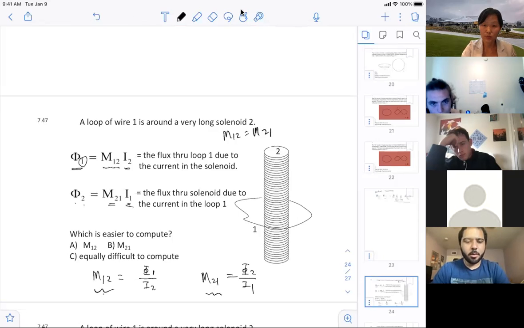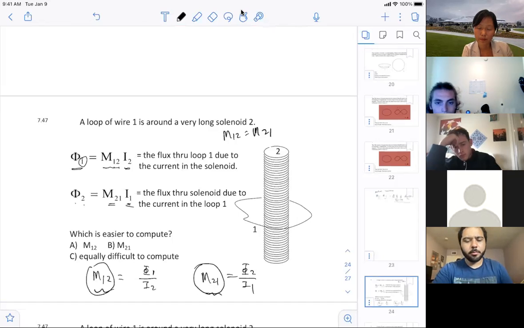You don't have to vote since we're running out of time. If you would like to just say your thoughts or type your thoughts, any of those would be appreciated. Any thoughts? Which one do you think is easy to calculate? Probably M21, so this one.